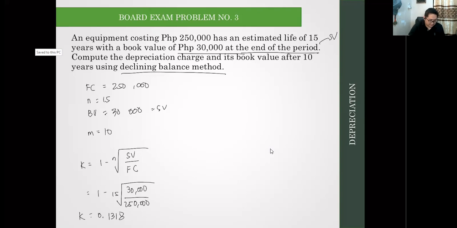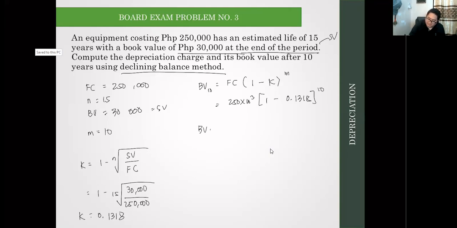So, ang book value natin after 10 years will be equal sa first cost natin times 1 minus yung K natin raised to M natin. So, that will be first cost na 250,000 times 1 minus 0.1318 and yung M natin na hinahanap is 10 years.